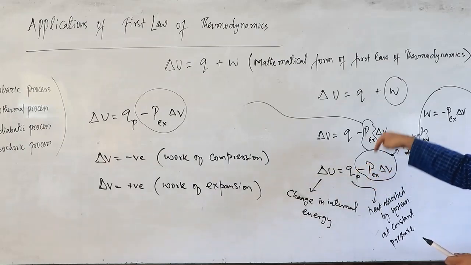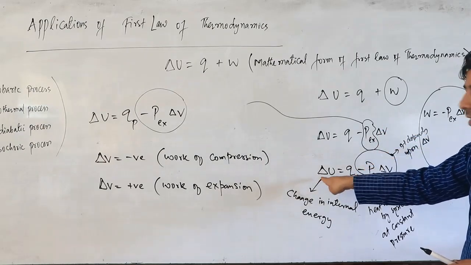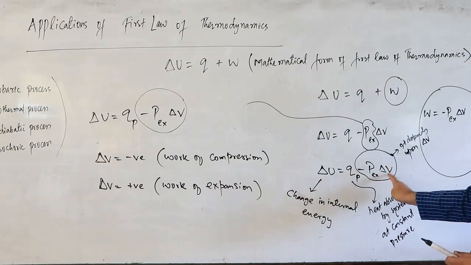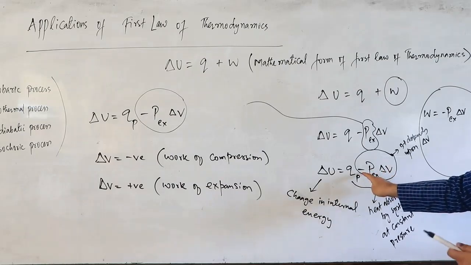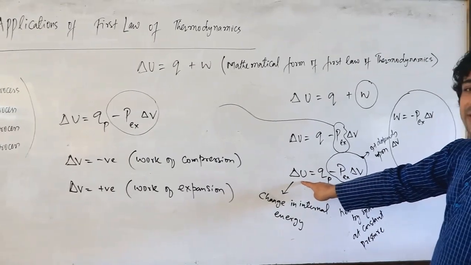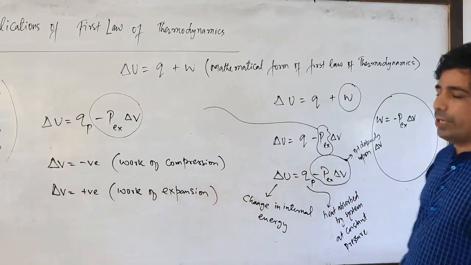That means work is done on the system, and that will increase the internal energy. But if this delta V is positive, then positive into negative will be negative only. That means work is done by the system, and the internal energy of the system will decrease. So please remember this particular thing.